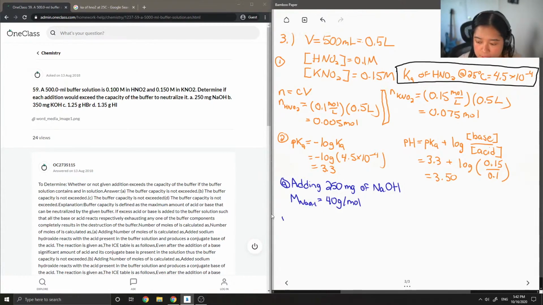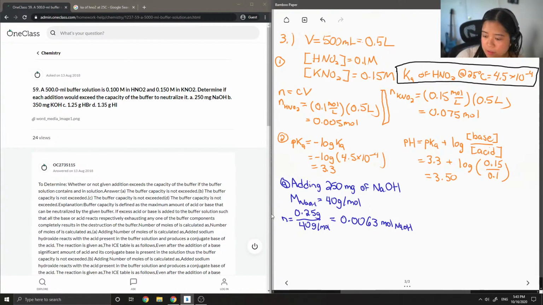Then we're going to do the same thing, calculate the number of moles. So I'm going to convert the 250 milligrams to 0.25 grams, just to get it all in the same units. Okay, so number of moles is mass over molar mass. And then we end up with 0.0063 moles of NaOH.